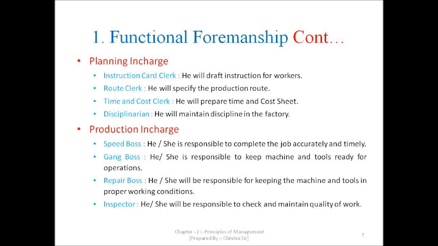So here we can say that Taylor has classified the functional foremanship technique into two main parts of the factory, planning in charge and production in charge, and he again made 8 sub-classifications of these two.